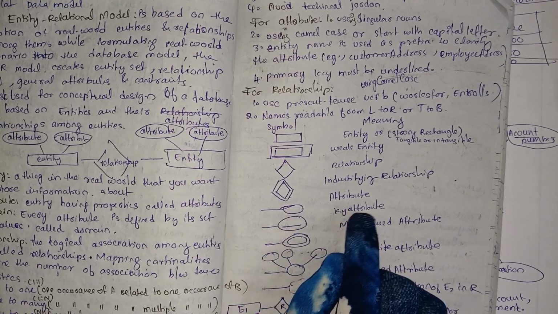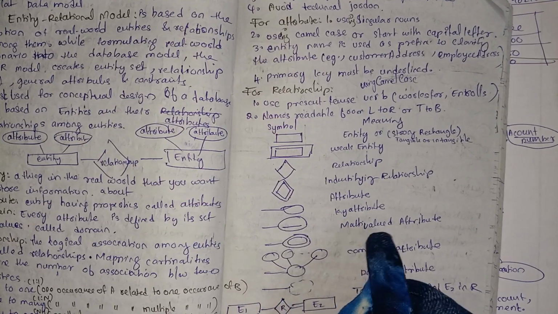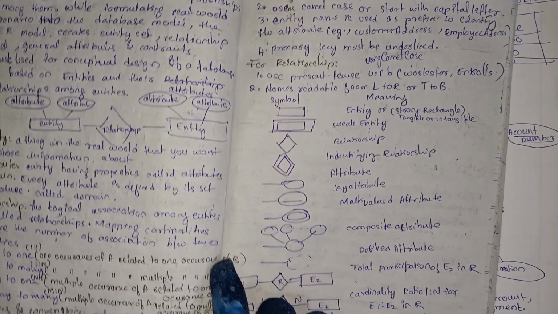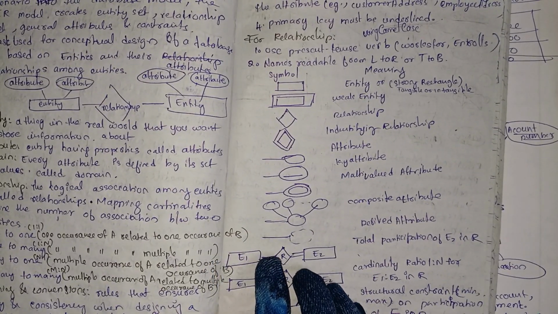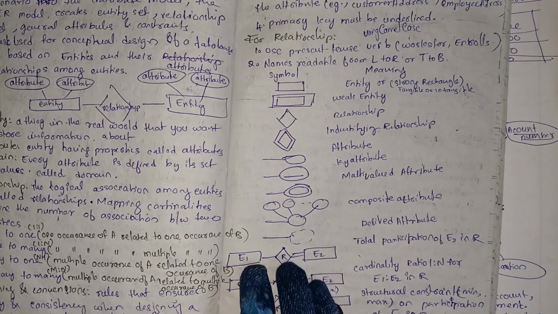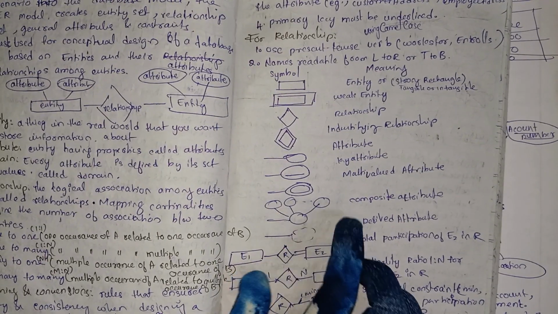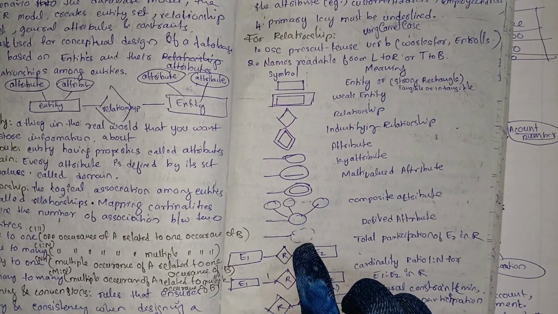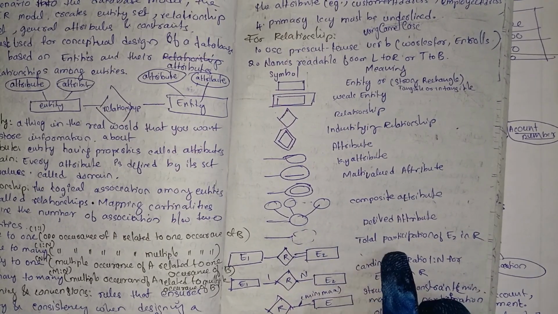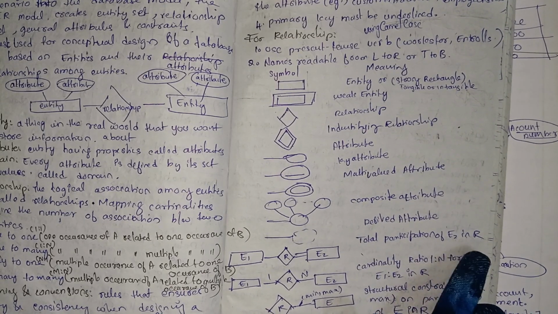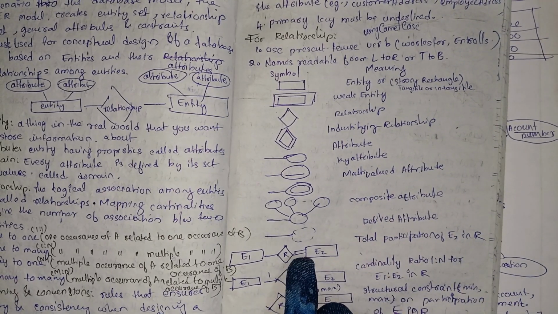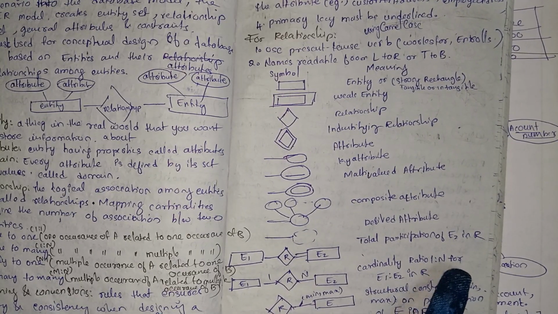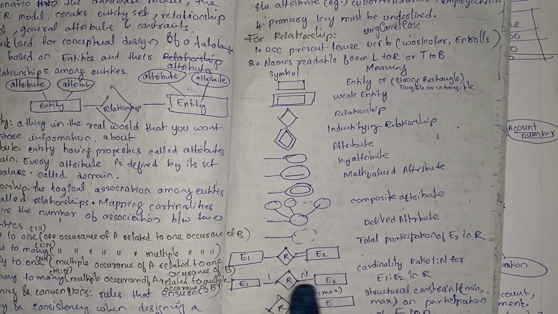Attribute, oval; key attribute, oval with underline; multi-value attribute, double oval; composite attribute, like branches of a tree which are connected to ovals; and derived attribute, dotted oval. Total participation of E2 in R is represented by a double line, and cardinality ratio is 1 to many between two entities.